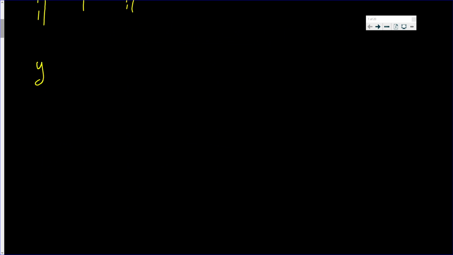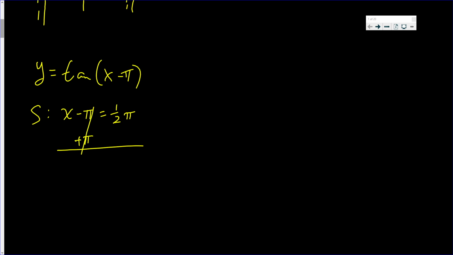So if you're asked to graph y equals tangent of x minus pi over 2, well, a tangent graph starts whenever the angle is equal to negative a half pi. So if you add pi to both sides, on the right side it's friendlier to write 2 over 2, which is 1 pi, so that when I add, I have common denominators.